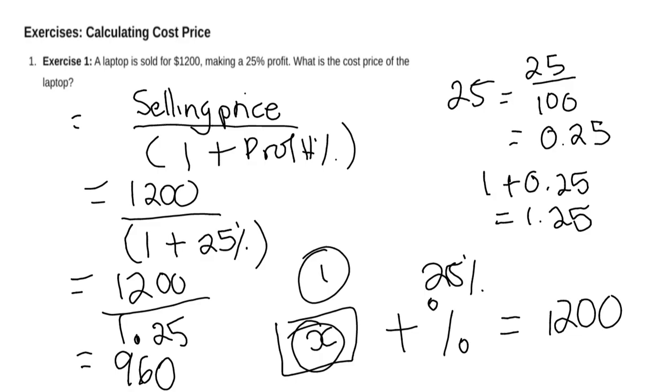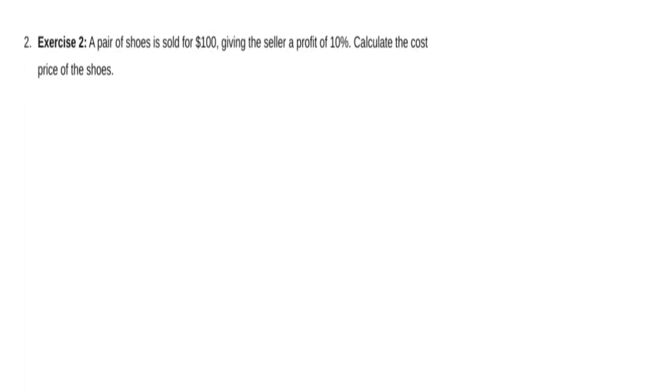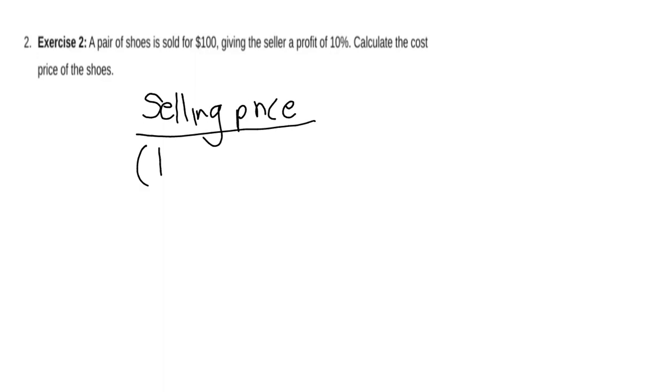Okay, so we continue to the second question. A pair of shoes is sold for 100, giving the seller a profit of 10%. Calculate the cost price of the shoes, the original price, before we add the 10%. So the formula is selling price divided by 1 plus your profit.